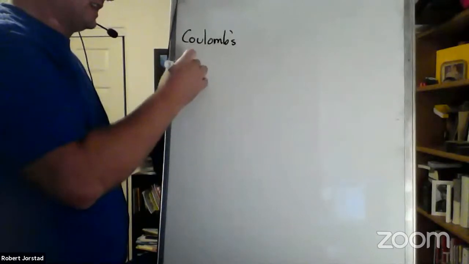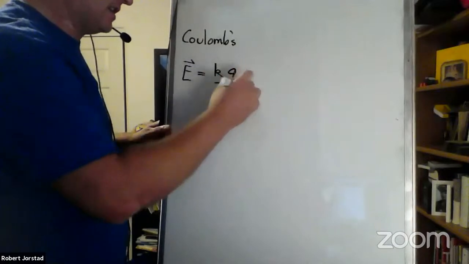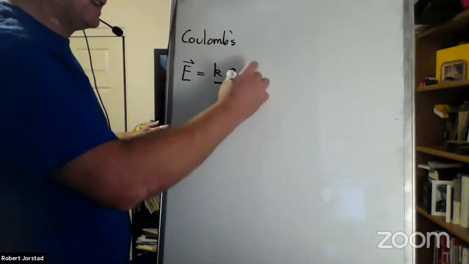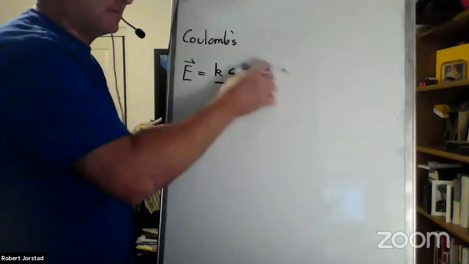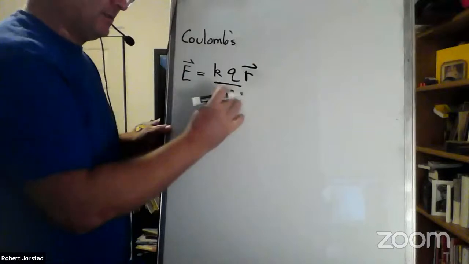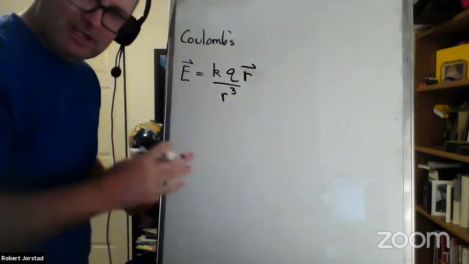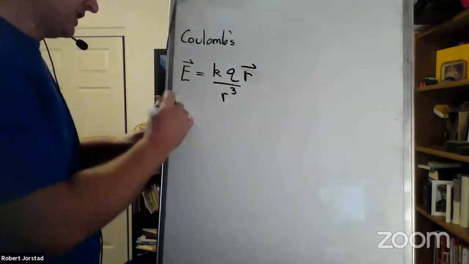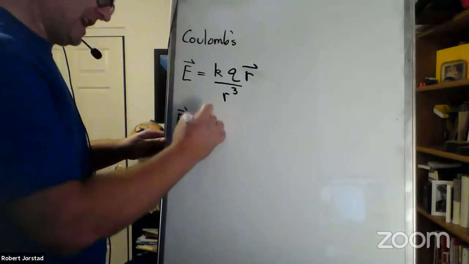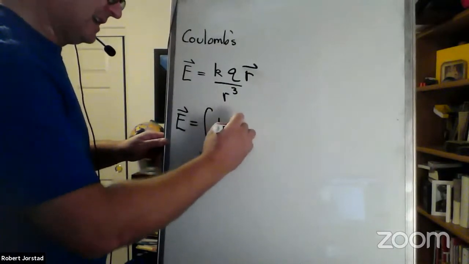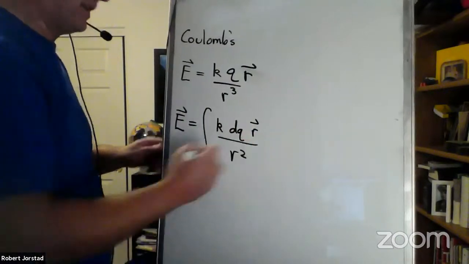There we said the electric field for a point charge was K Q over R squared in the R hat. And you may recall that we almost always coded it by changing this to R vector and this down here to R cubed. Then for continuous distributions of charge, this changed to E equals the integral of K dq in the R vector all over R squared.